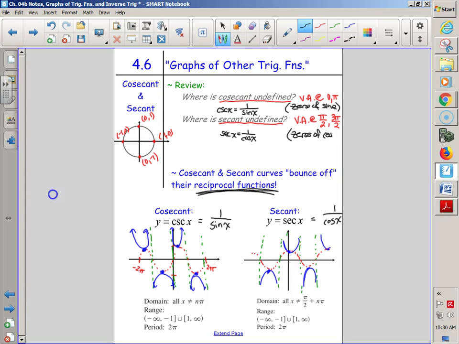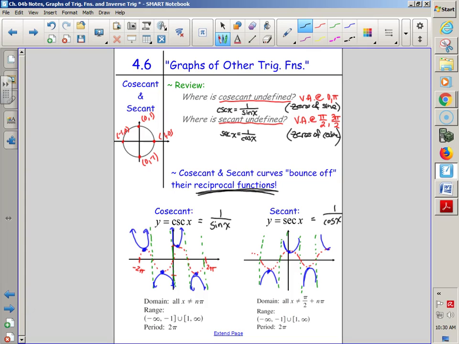You saw enough of this to realize that we're going to be using the sine curve for cosecant and the cosine curve for secant. So if we have the sine and cosine curve, guess what we can make at the zeros without even thinking about it? We can make the vertical asymptotes at the zeros.